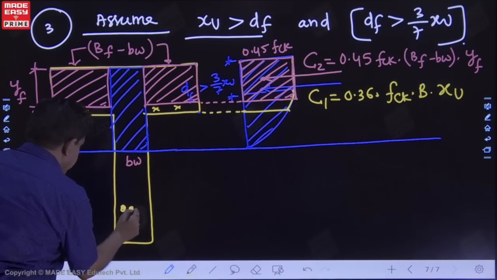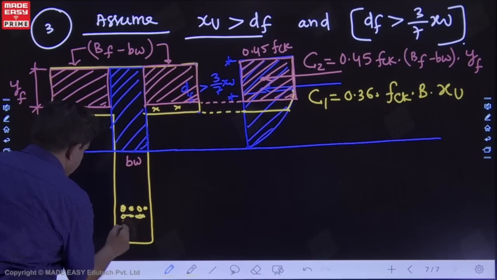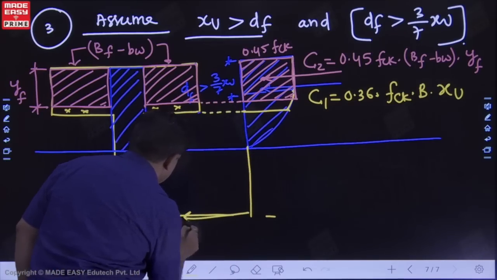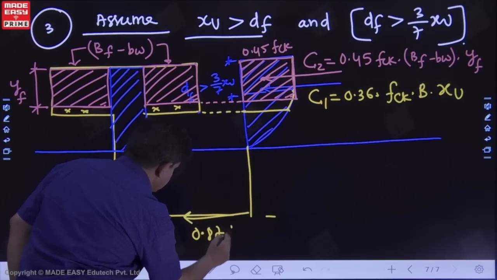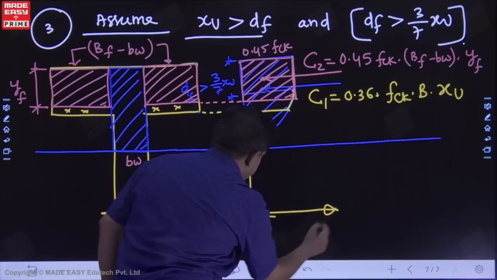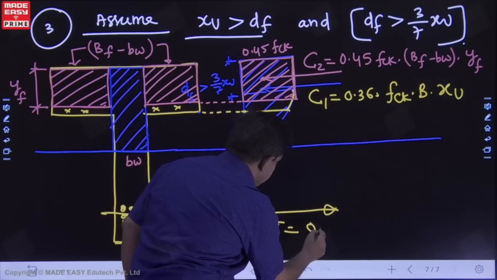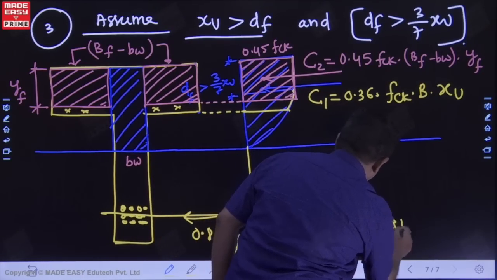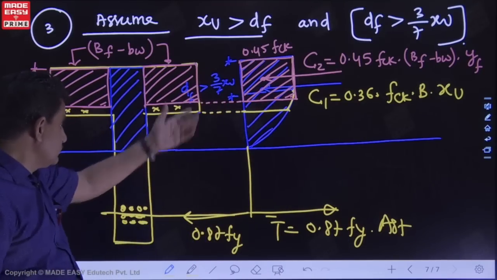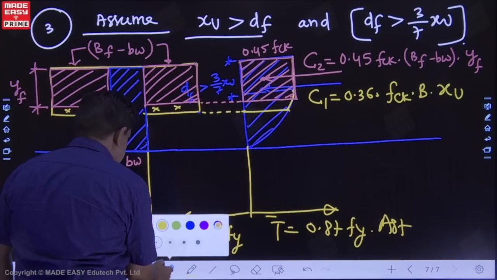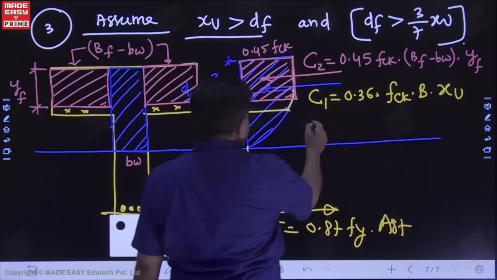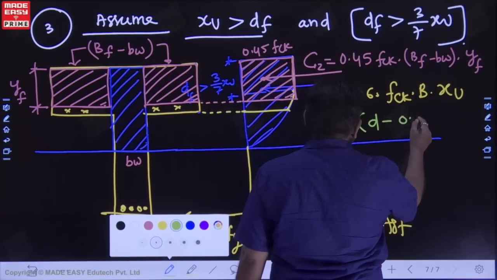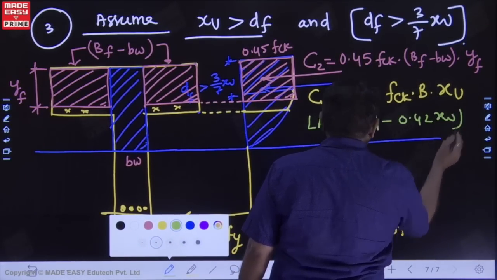Here you have tension reinforcement. For that the calculation will be the same in whatever layer. This stress is 0.87 Fy, so the force T is equal to 0.87 into Fy into AST. The lever arm for C1 and C2 will be the same as the previous case. Let me write lever arm 1, the same value D minus 0.42 into XU.